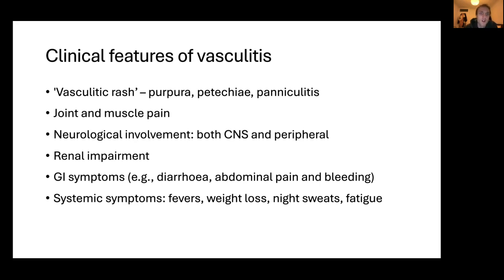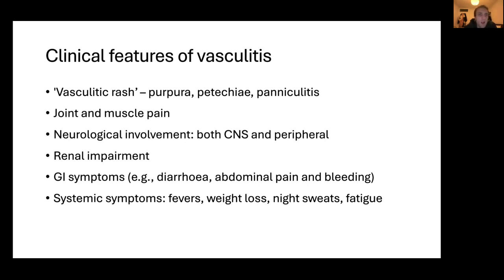Petechiae are tiny dots, usually smaller than 2 millimeters, whereas purpura are larger, and even larger than that is bruising or ecchymosis. So it's quite an important distinction that often gets passed over. And then we see this term paniculitis, which is a classical description of a vasculitic rash. So I'd encourage you to all look those up in your own time on Google, or various other websites such as DermNet.